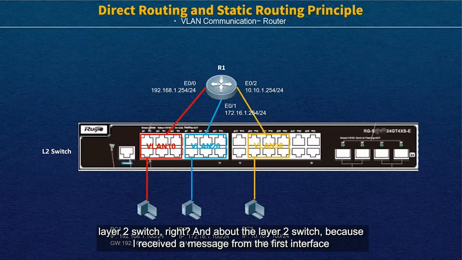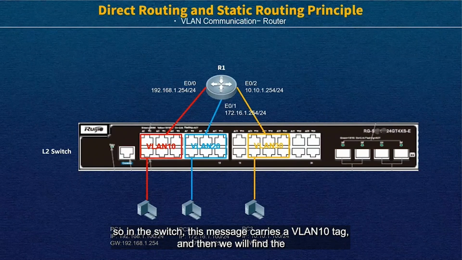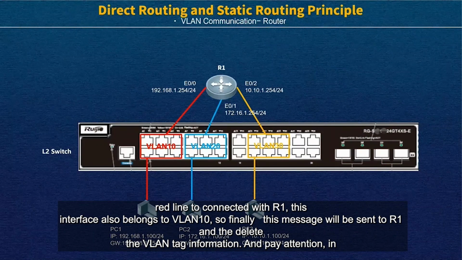And about the L2 switch, because I received the message from the first interface connected with PC1, and this interface already added VLAN 10, so in the switch this message carries the VLAN 10 tag. Then we will find the red line connected with Router 1. This interface also belongs to VLAN 10. So finally, this message will be sent to Router 1 and the VLAN tag information deleted.